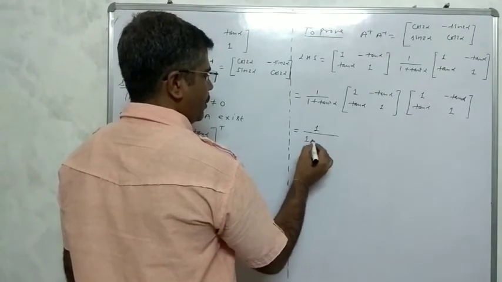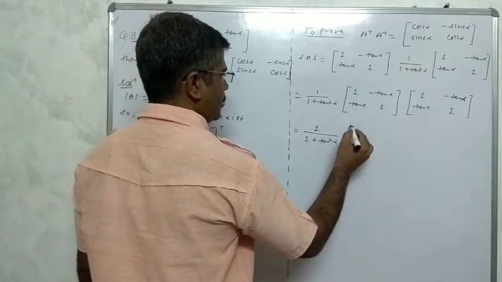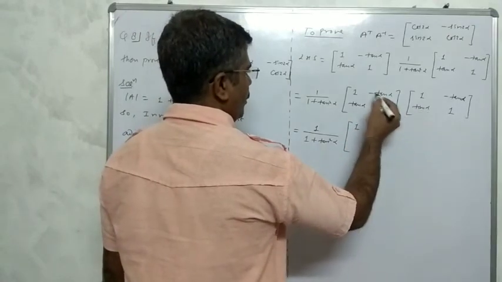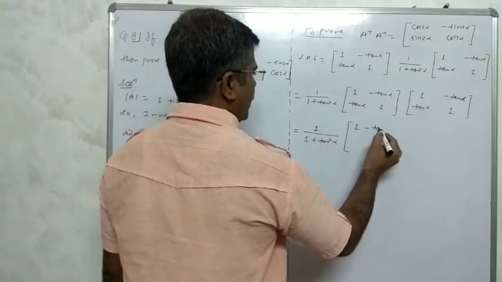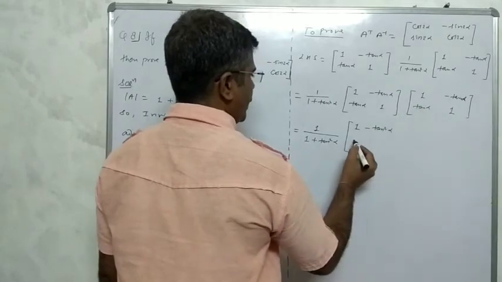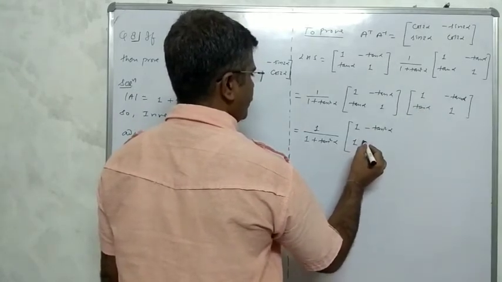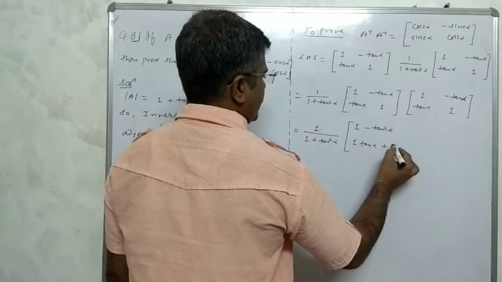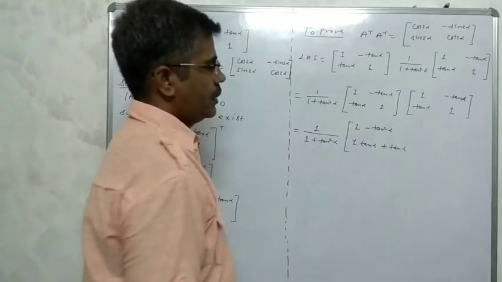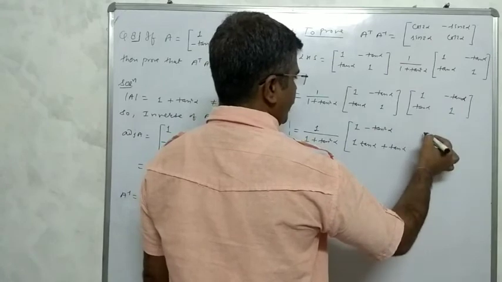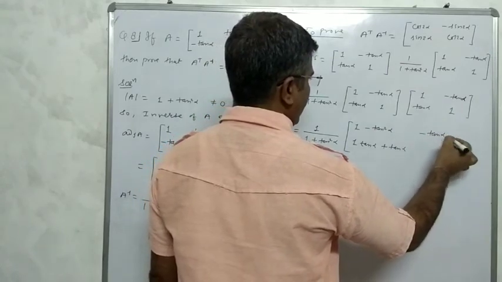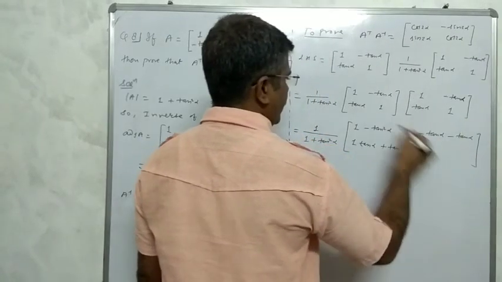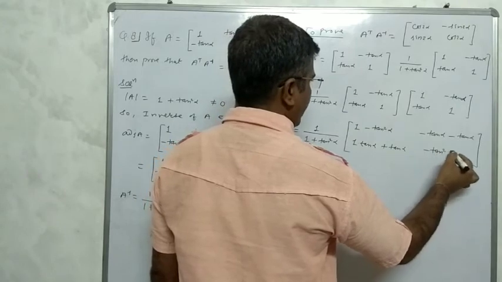1 upon 1 plus tan square alpha. 1 into 1, 1, plus into minus, tan square alpha; 1 into tan alpha, plus tan alpha; minus 1 into 1, minus tan alpha; minus tan alpha; minus tan square alpha plus 1.